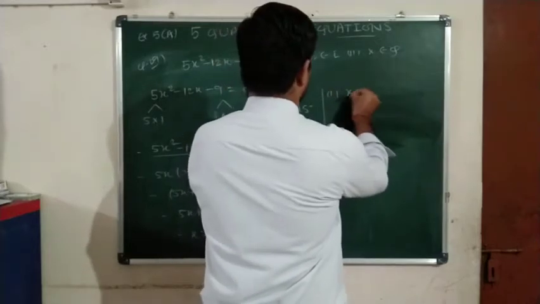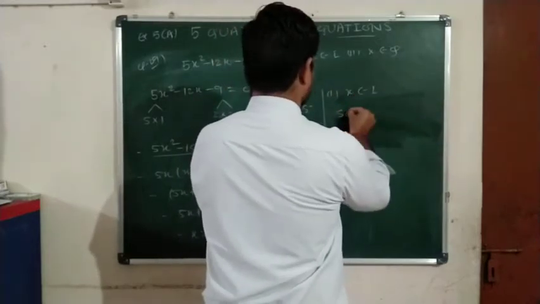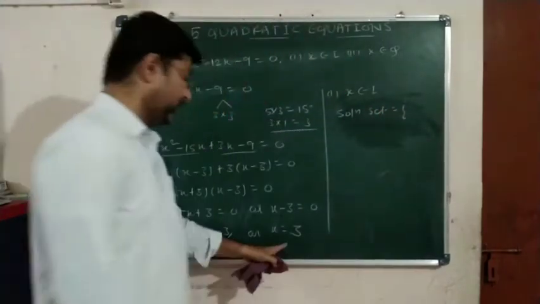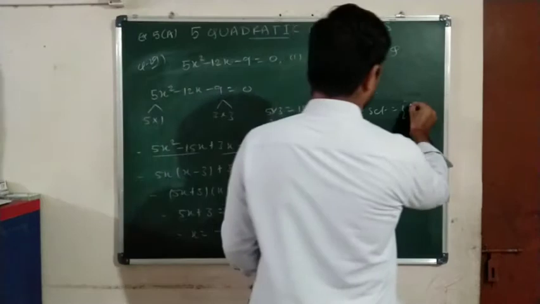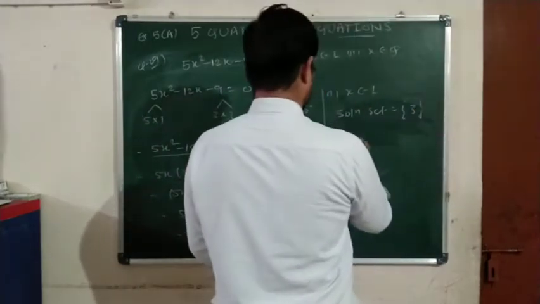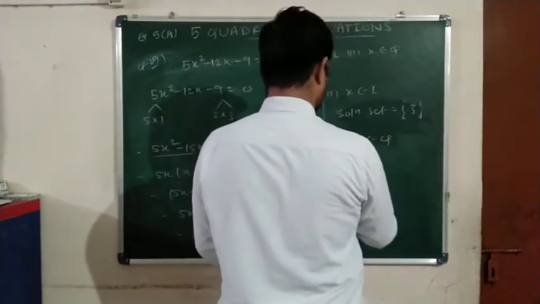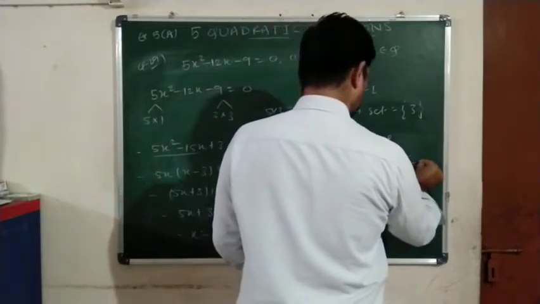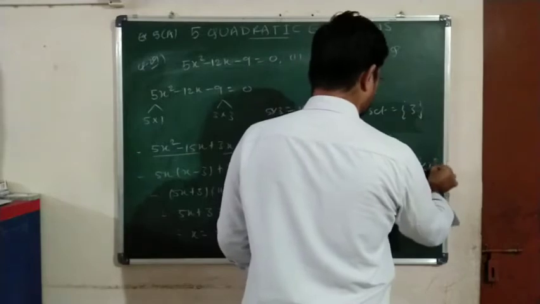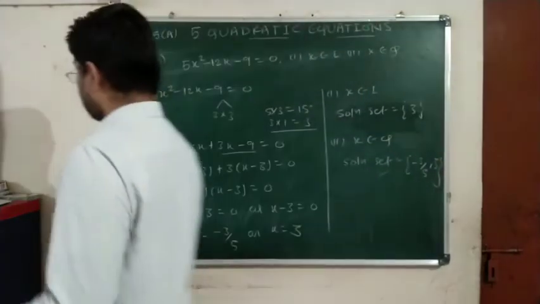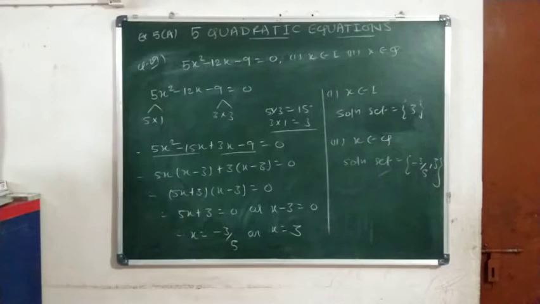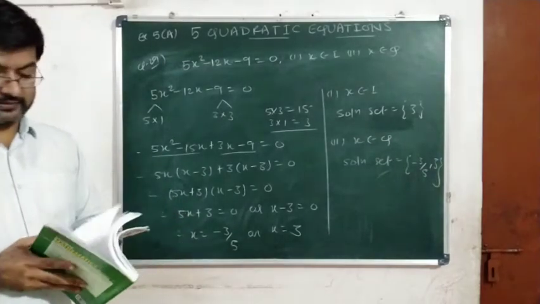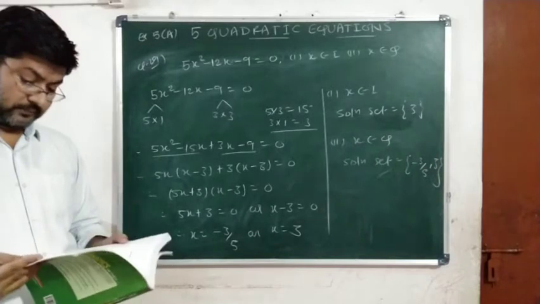Number 1, when x belongs to I, the solution set will obviously be 3, because 3 is an integer. And number 2, when x belongs to Q, the solution set will be both minus 3 upon 5 and 3, because both are rational numbers. Clear? So question number 29 is also over.